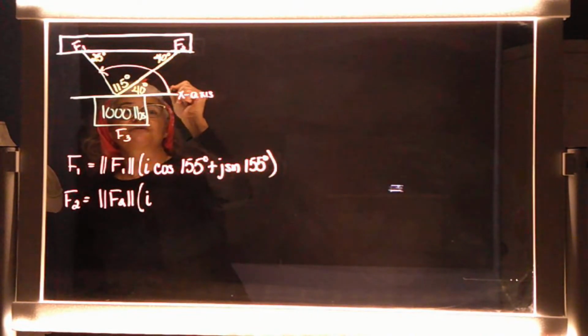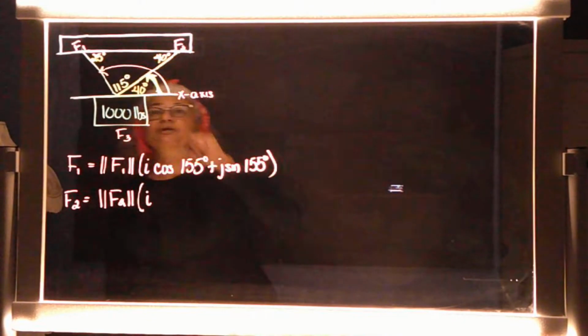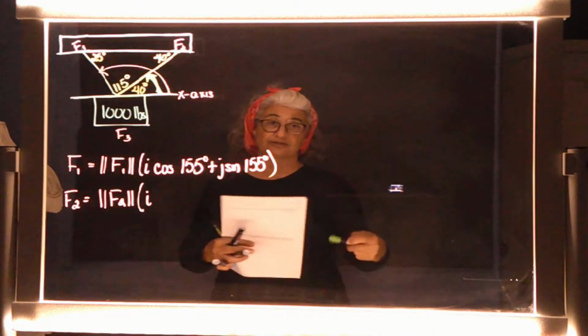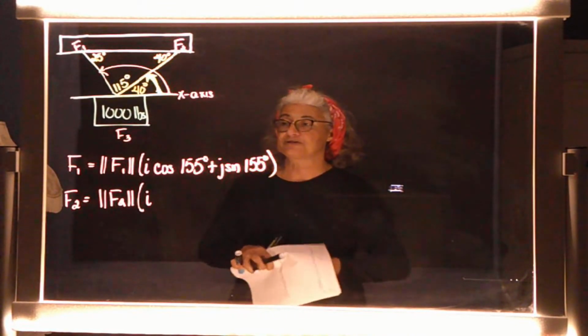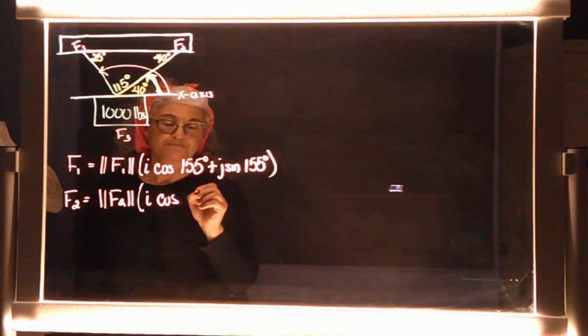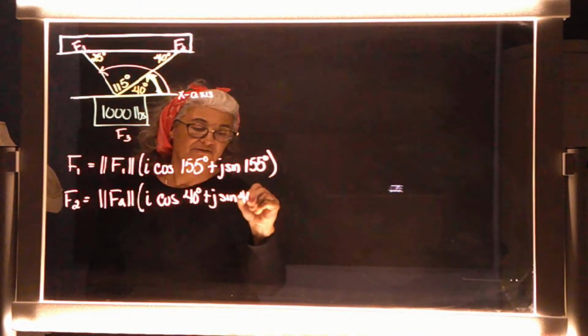The direction for F2 would be from the positive side of the x-axis right to the cable here. And isn't this a 40-degree angle for the F2 vector? Yes, it is. It is a 40-degree angle there. So, cosine of 40 degrees plus j sine of 40 degrees.